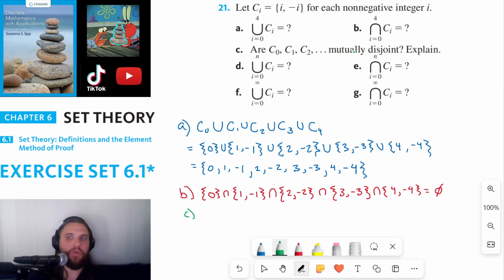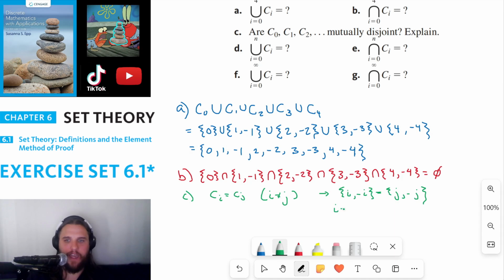But when they say mutually disjoint, the difference there is that between any two sets here, there is no element in common. But we can say that these are all mutually disjoint because if we had some C sub i equals C sub j where i does not equal j, then that would mean that the set containing i comma negative i is the same set as the set containing j and negative j, which means that i equals j or i equals negative j.